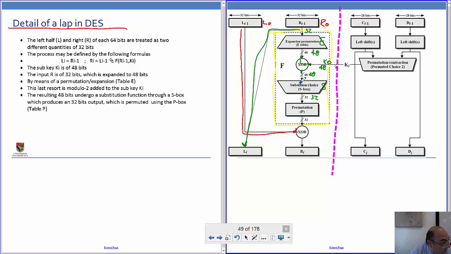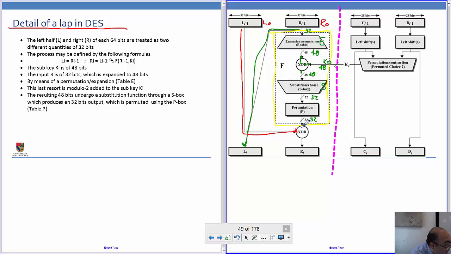And we are going to have, instead of a permutation, a substitution. Okay? So this is the substitution and choice box. These 32 bits, again, will be permuted, just a plain normal permutation. So we get 32 bits.